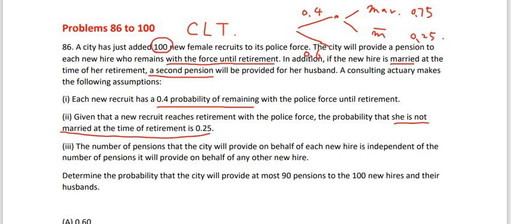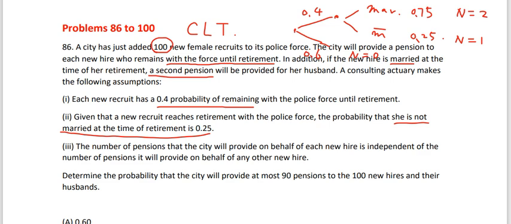For married, the pension number is 2. Not married, the pension number is 1. And the dropout pension is 0. This is for one person.